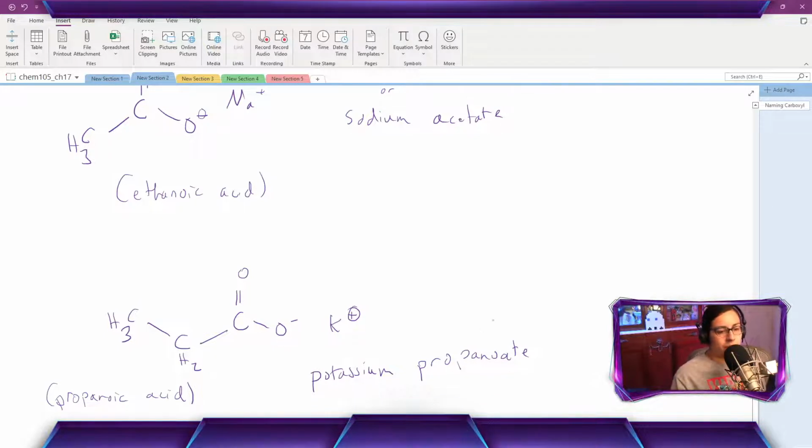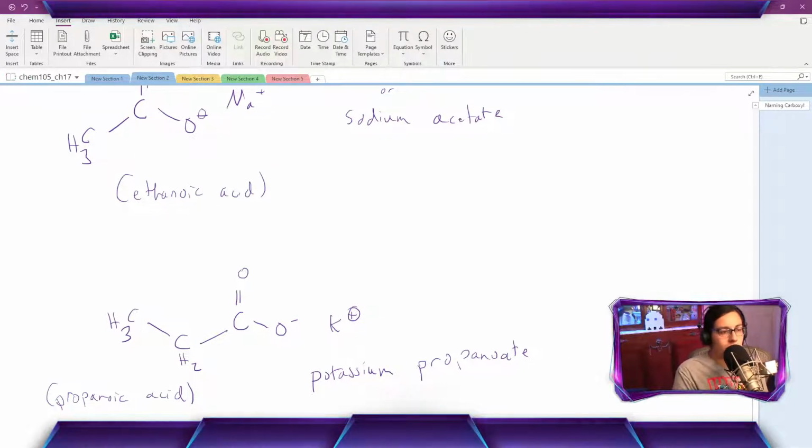And I try not to be too harsh with spelling. Again, I can't spell, but for these, take the time because you have propanoic acid and it says to just drop the ic.